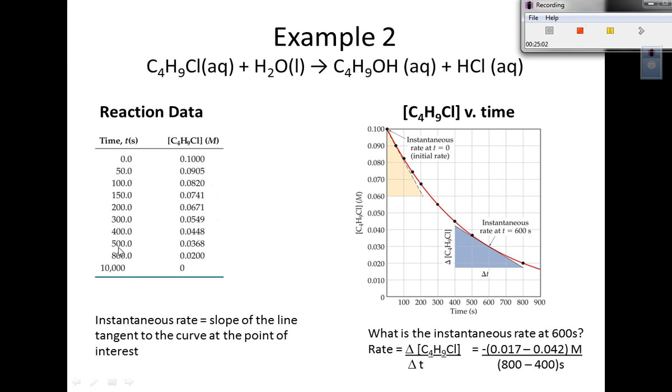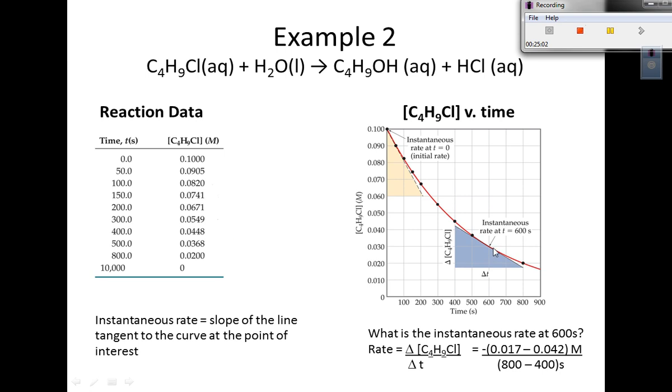But what if I want to find a point? I want to find the rate at a specific point in the reaction. I want to find the rate at 600 seconds. There's the spot for 600 seconds. I don't have data for 600 seconds. So, here's a math idea. We very rarely have to do this, but every once in a while we do.